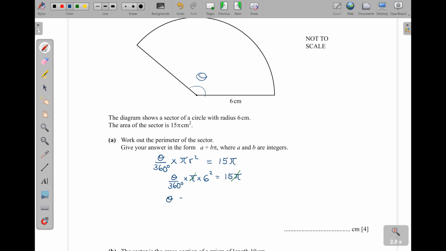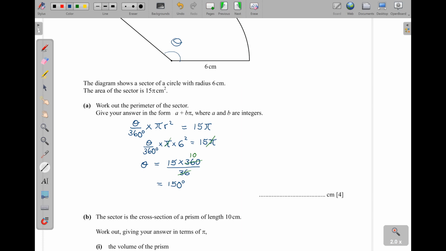So theta is going to be equal to 15 times 360, divided by 6 squared, which is 36. Now 36 can go into 360 10 times. So theta is 15 times 10, which is 150 degrees.